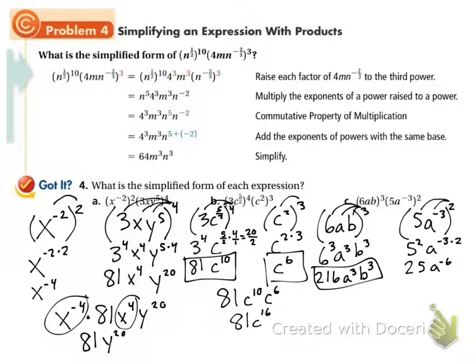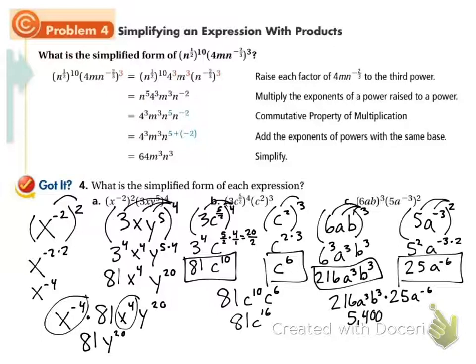So now I'm going to combine these two. So I've got 216 a to the third, b to the third, times 25 a to the negative 6. So I need to multiply those coefficients. 216 times 25 gives me 5,400. I need to add my exponents for my a.